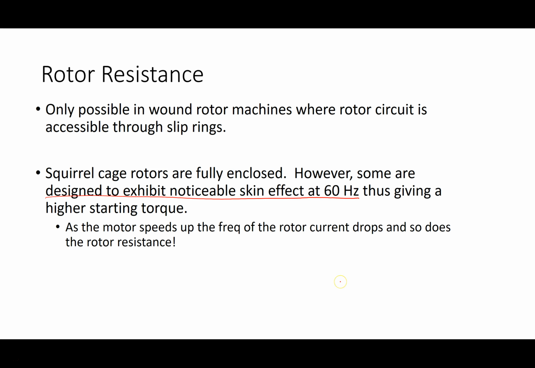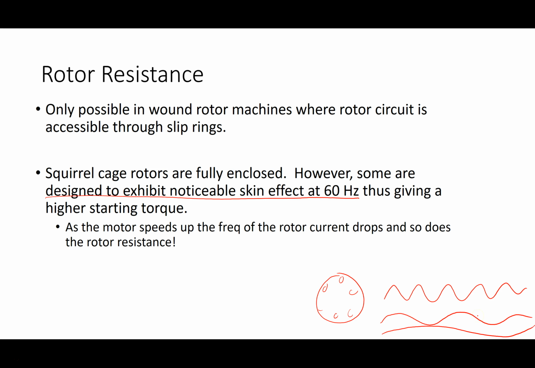So if you energize it with 60 Hertz, at the very beginning, these rotor bars are going to experience a 60 Hertz current. Then as the rotor begins to move, the frequency becomes smaller and smaller, because the relative difference between the rotor speed and the stator magnetic field is reduced.